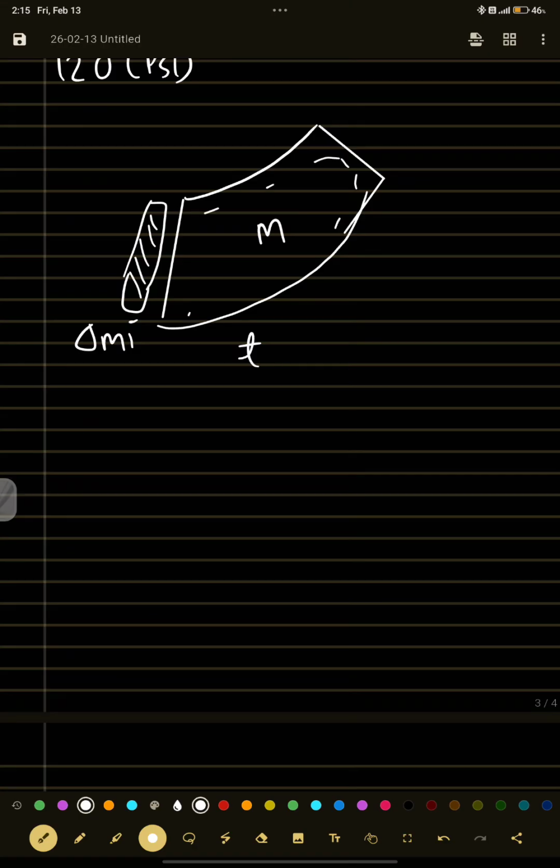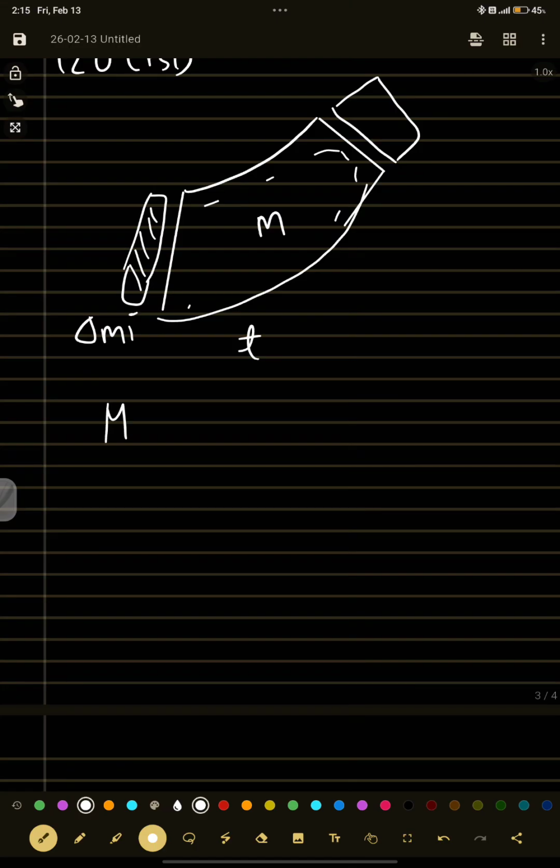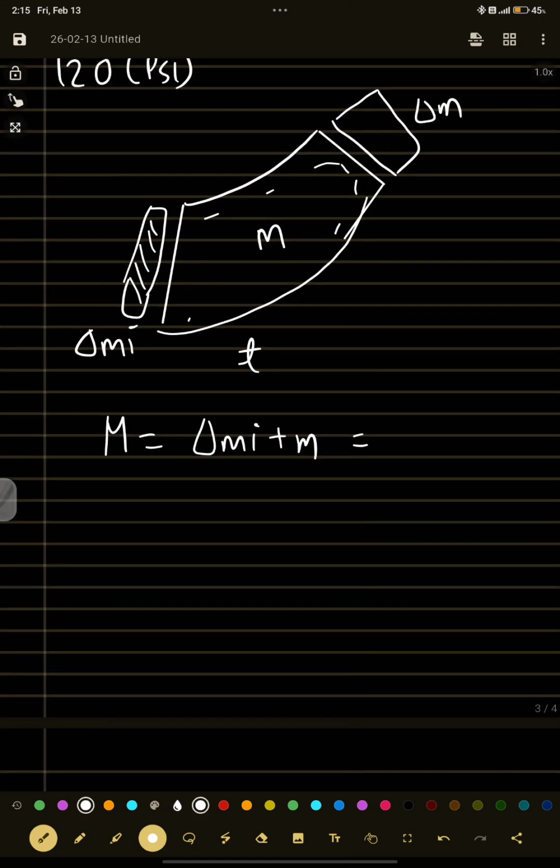At t plus delta t, this delta mi goes inside the container and there is an outflow of delta mo.